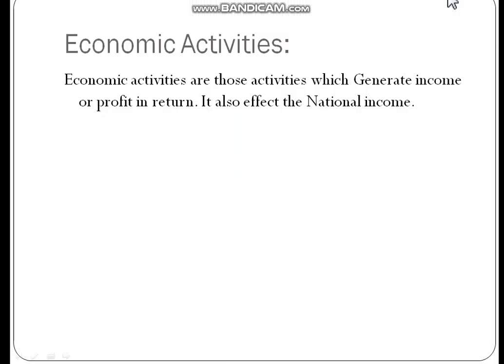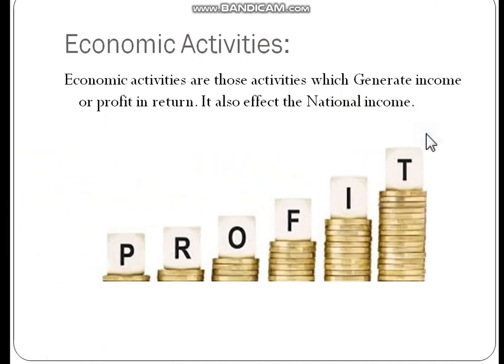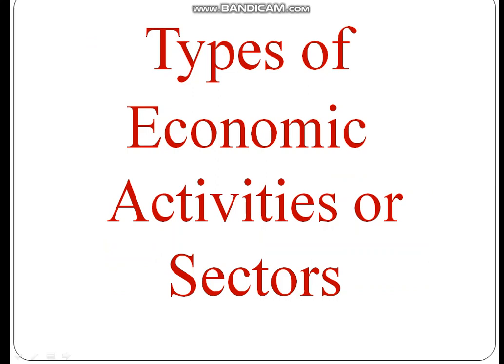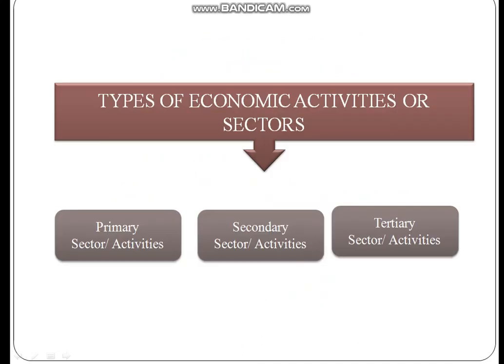Economic activities. Economic activities are those activities which generate income or profit in return. It also affects the national income. Types of economic activities or sectors. Mainly the types of economic activities or sectors can be categorized into three types.